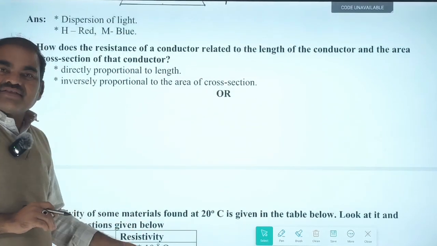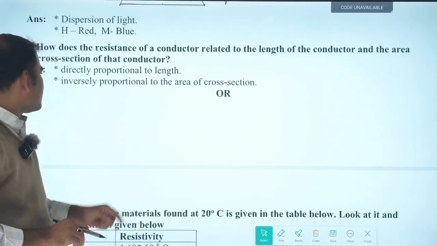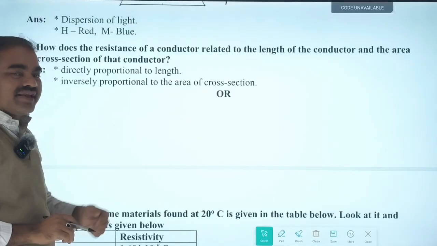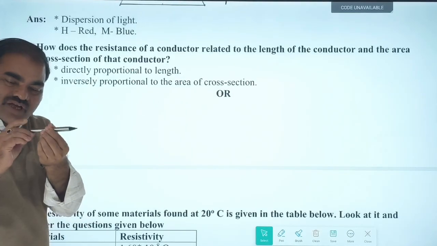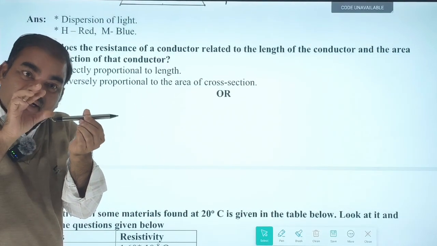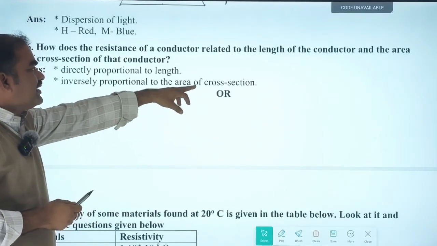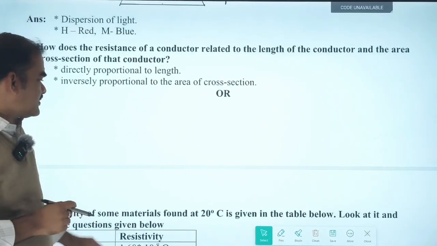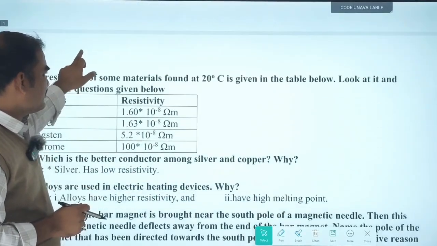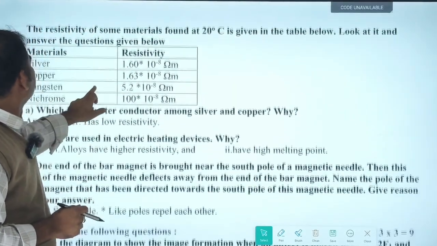If length increases, resistance also increases. Inversely proportional to area of cross section means that as the cross section decreases, resistance increases. Next question.